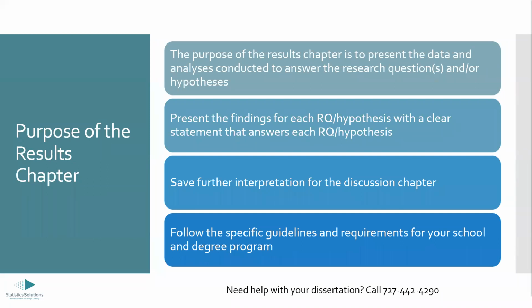We'll be talking about what's typical based on our experience, but your school may have different requirements. They may require more sections, or they may require fewer sections. They may require the sections to be organized slightly differently. So you always want to make sure that you defer to your school's guidelines when constructing your results chapter.